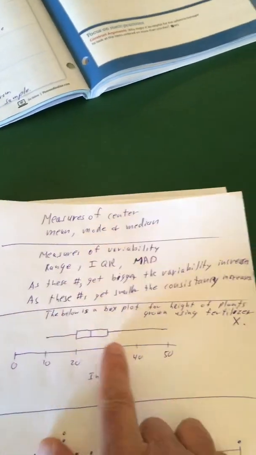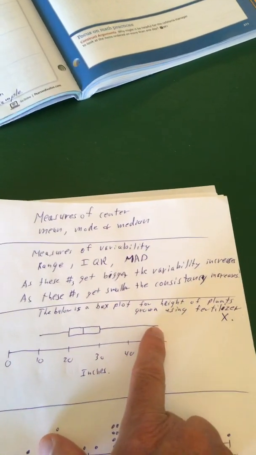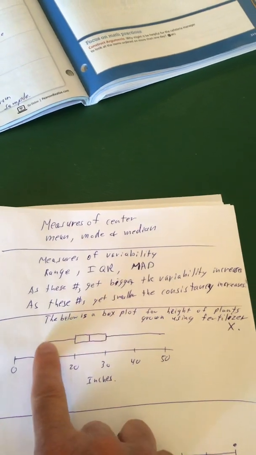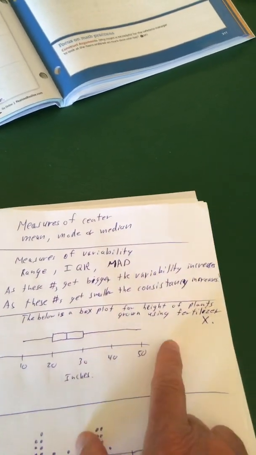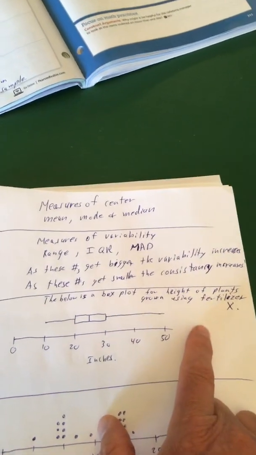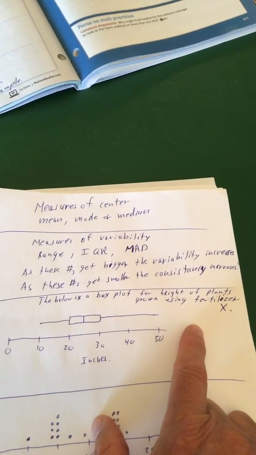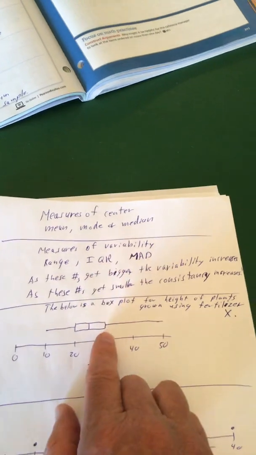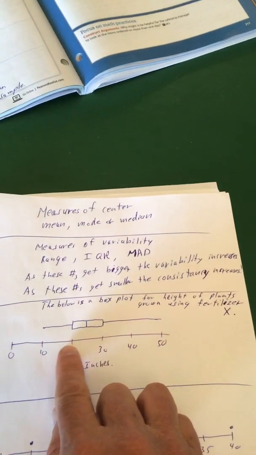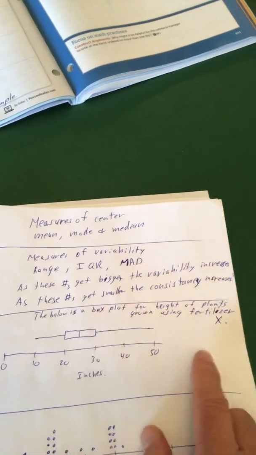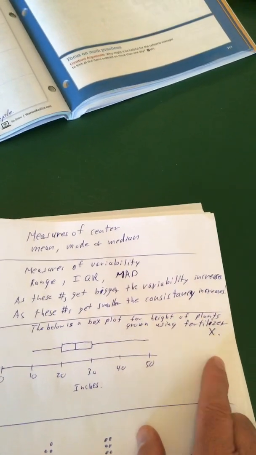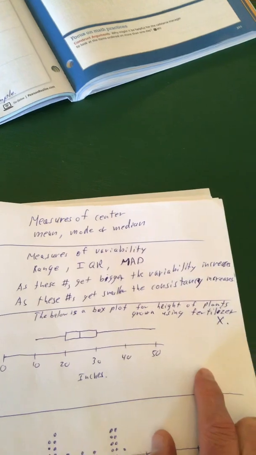You can see the range from a box plot. The range is 50 minus about 10, so the range is about 40. And that's a piece of data you could get. The IQR is Q3 minus Q1. 30 minus 20 is 10. So you could show your work: the IQR is about 10.